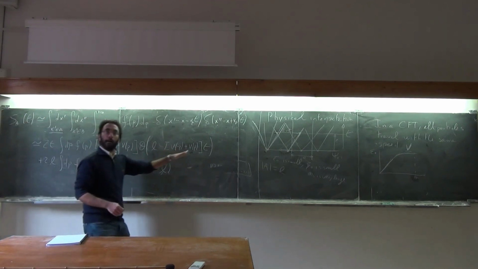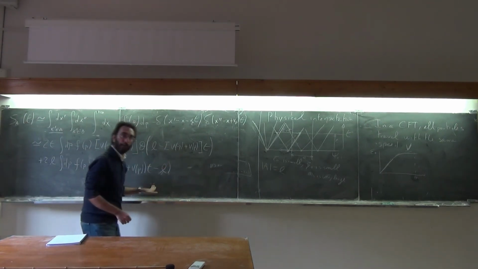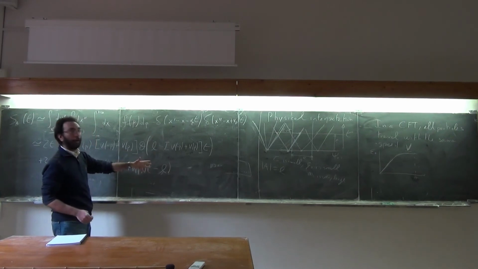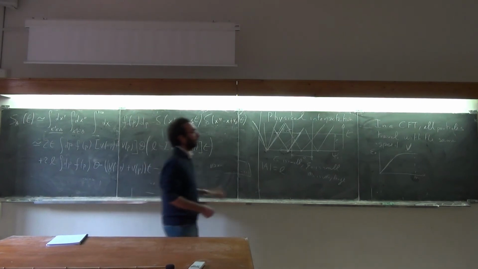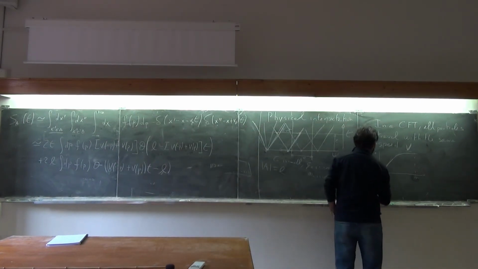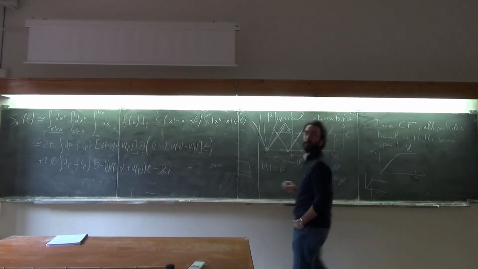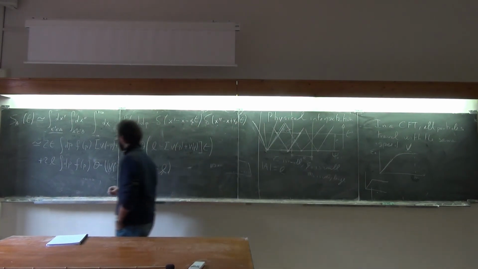One theta is 0 in one case, one theta is 1, it's theta of the opposite argument, so when one is 0, the other is 1, and vice versa. So we will get exactly this behavior of the entanglement growing linearly and then saturating.